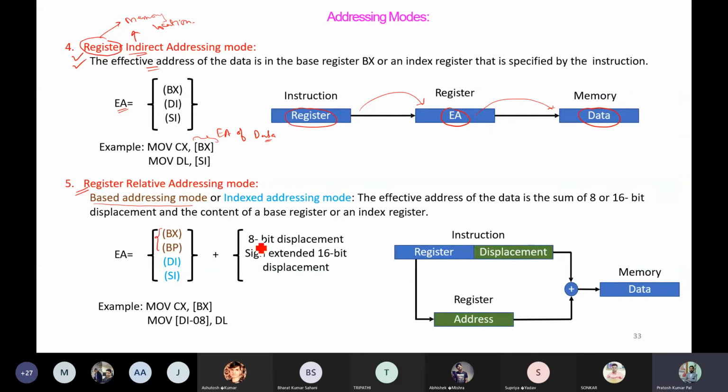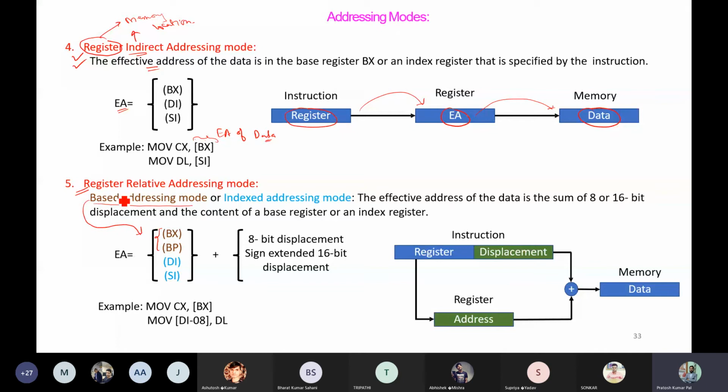It will be either 8-bit or, with sign, 16-bit displacement. Displacement is a direct value. That direct value along with BX and BP will be considered the based addressing mode, a register relative mode.